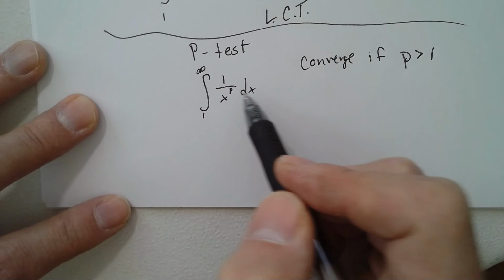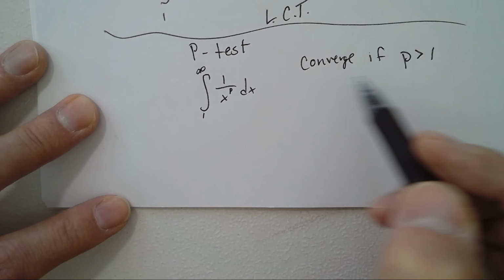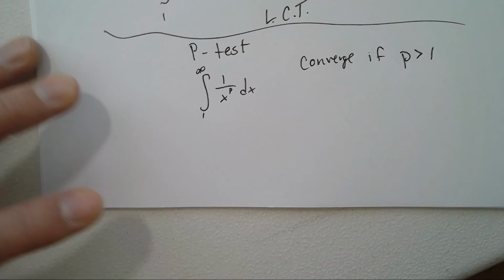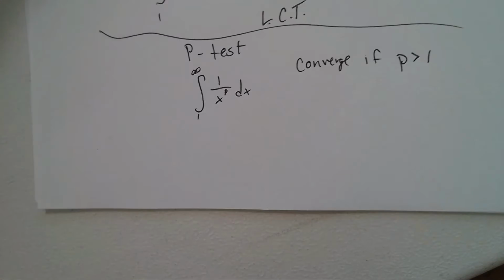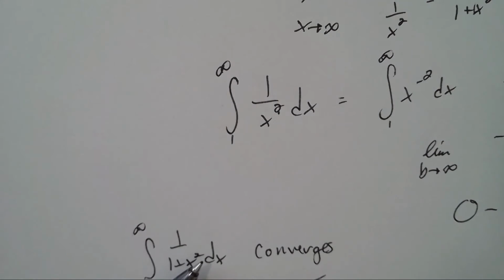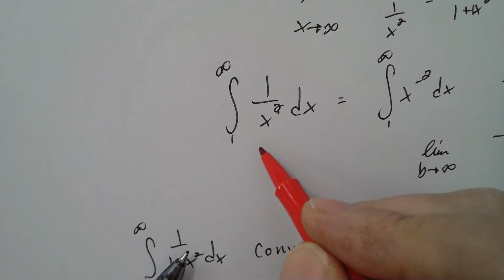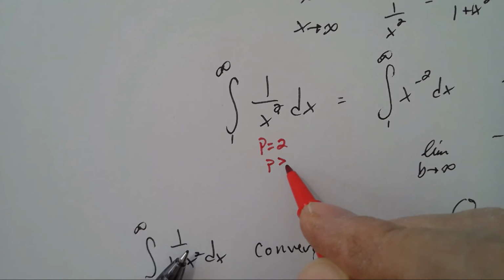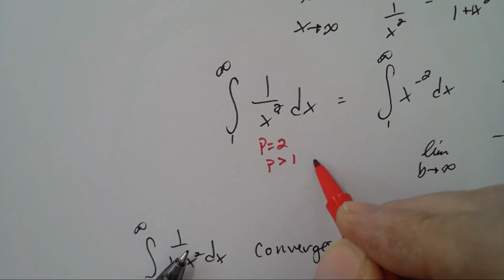And you don't have to explain. You could just say p, like if I had this problem right here, and I was trying to determine whether this converges, I'd say p equals 2, and p is greater than 1, therefore it converges.